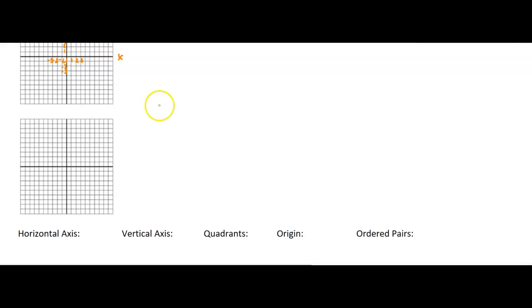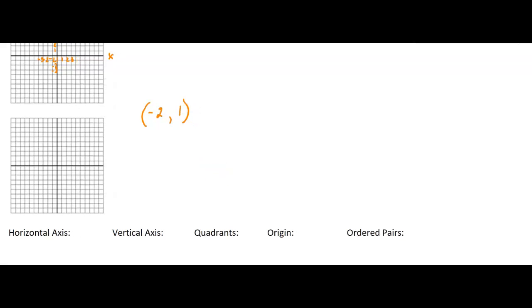So an ordered pair goes like this, parenthesis, and then we'll have a number, let's say -2, comma, and then a 1. And it's called an ordered pair because it makes a difference if you have -2, 1, or if I have another ordered pair here, 1, -2. So we'll graph both of these and we'll show you how to do this.